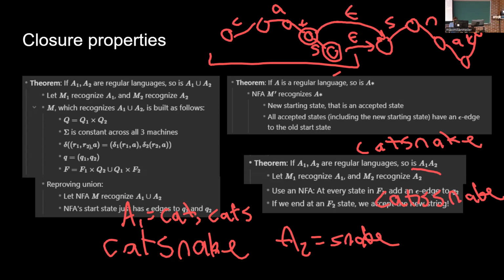So essentially the idea is you can jump after cat and then do snake, and you can jump after cats and do snake. So any combination of these words and then these words will be accepted by the machine. And that's only because we have epsilon edges from every single accept state, essentially saying we can transfer to A2 from here, and we can transfer to A2 from here.